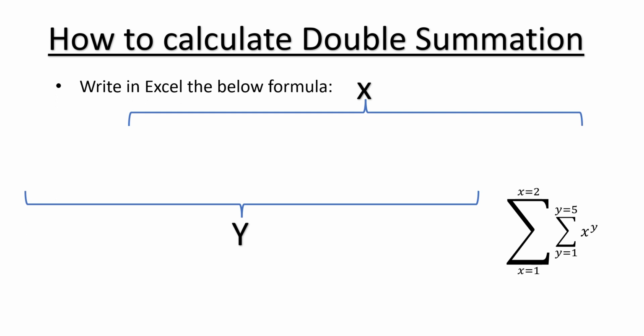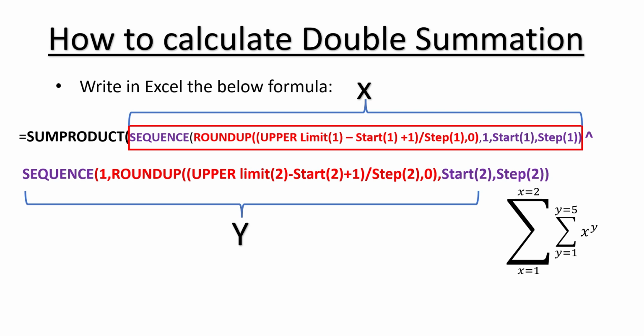Okay, so let's now see our lovely and magic formula, how it will be if we want to write it in Excel. We will write the formula in this way: SUMPRODUCT, we will open two parentheses.